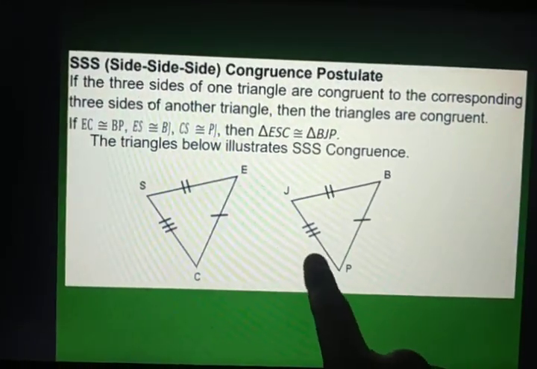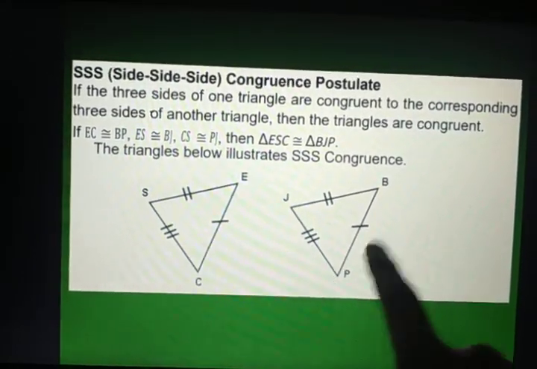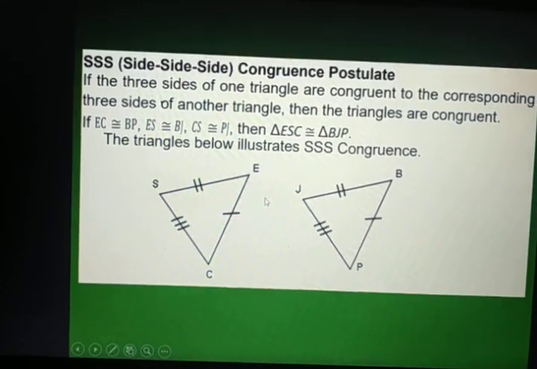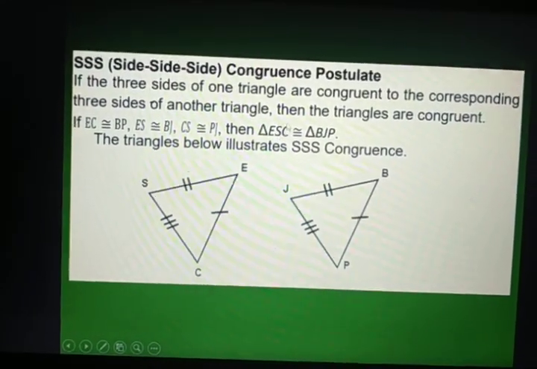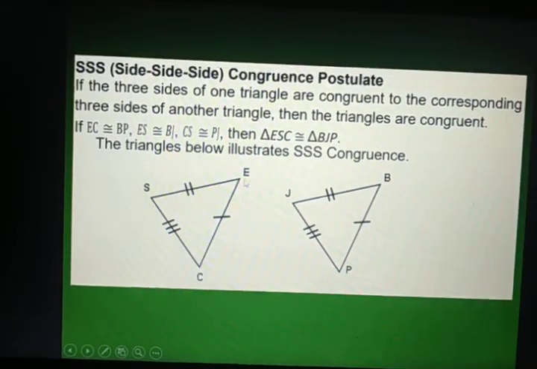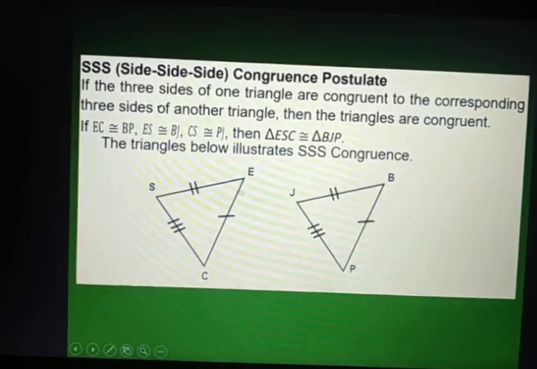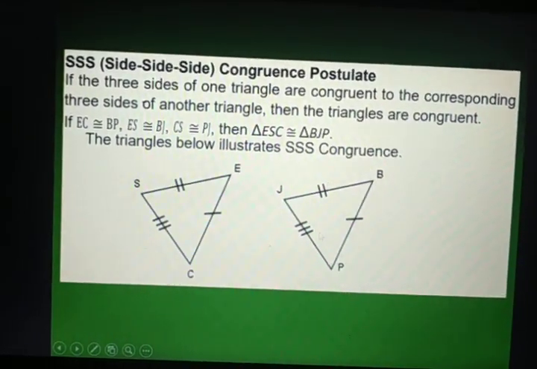So dapat pangitaon mo ang pares siya nga tatlo man ka mark. Line segment JP, then triangle ESC is congruent with BJP. Make sure also that when you name the triangle, ga-correspond man. Kung nagsugod si first triangle mo sa ESC, amo man ang sa second nga triangle, BJP.